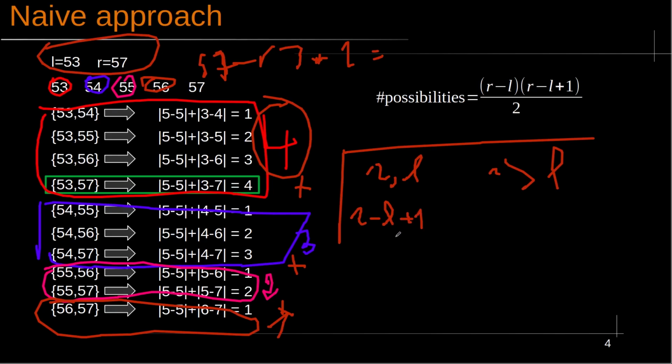Okay, so here we have 5 integers, sorry, we have 5, not 4. But here, to get 4, we subtract 1.